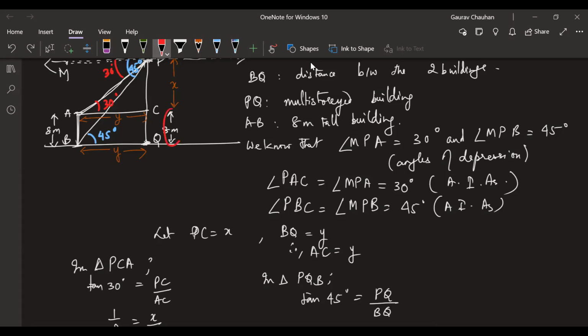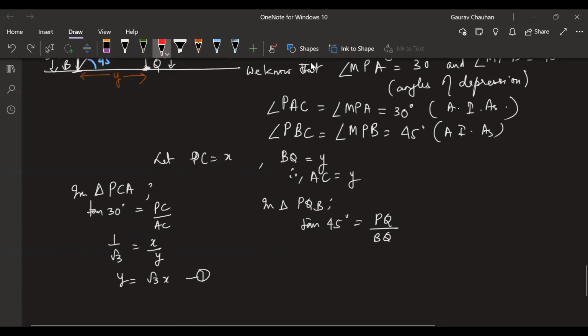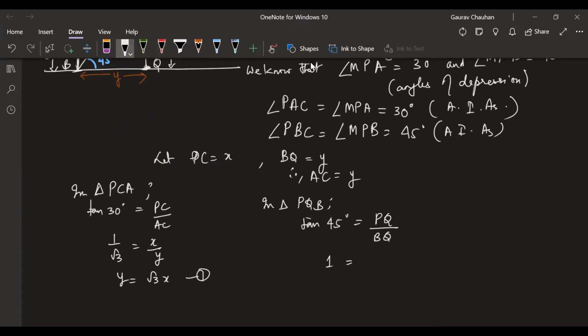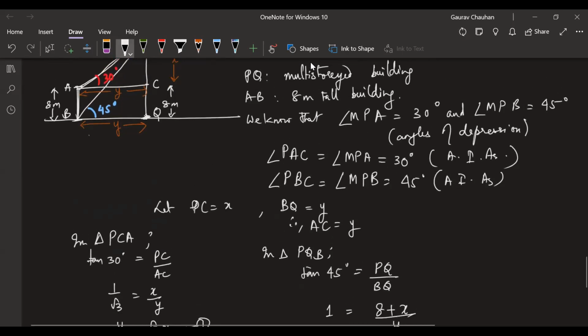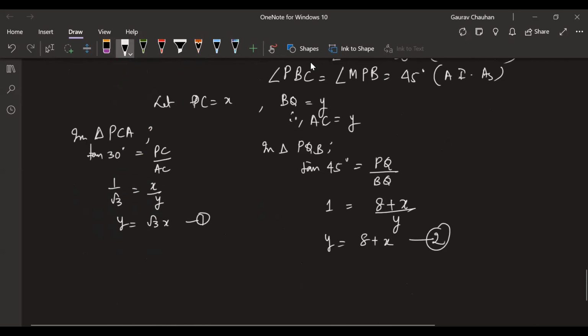PQ is 8 plus x. BQ is y. So I have y equal to 8 plus x. This is my second equation. I have two equations, and I have got to solve those equations, okay.